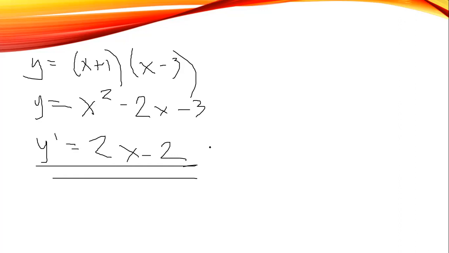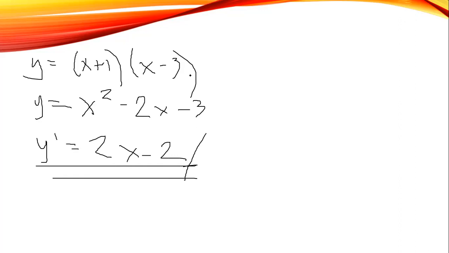So this is x squared, and then minus 2x, and then minus 3. After you multiply it, take the derivative. So we have y prime is equal to 2x minus 2. That is the derivative.